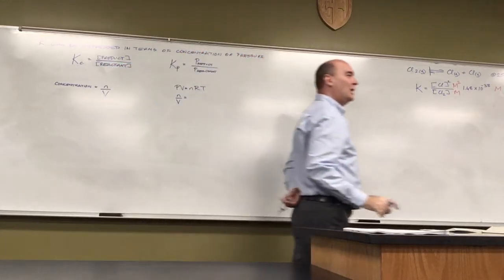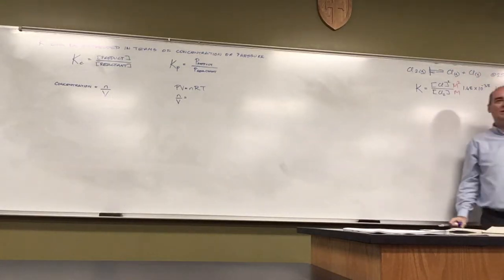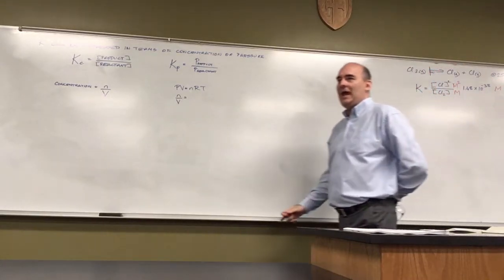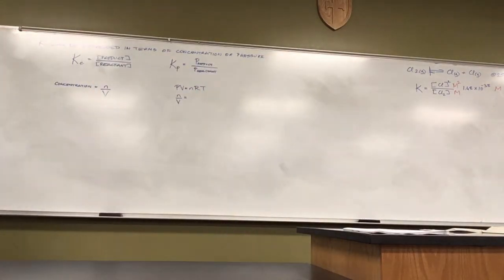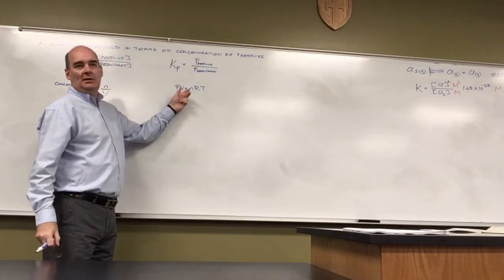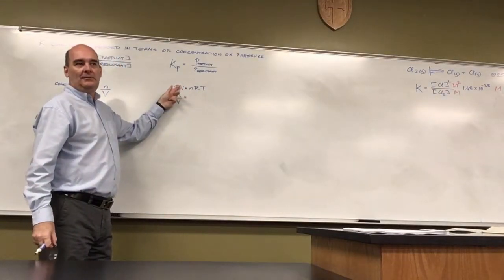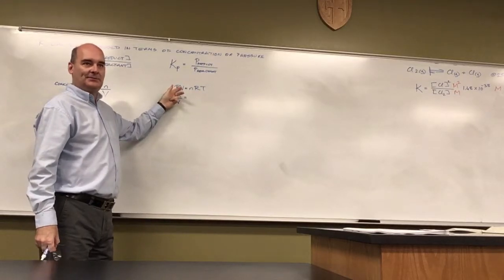So go ahead and rearrange PV equals nRT for me to read what n over V would be equal to. n is currently a numerator. V is currently a numerator. I want V to be a denominator.